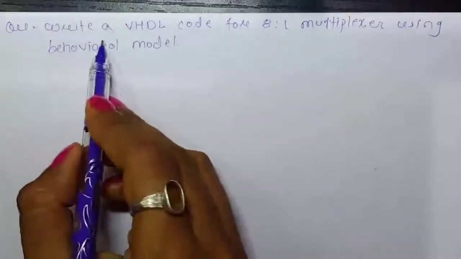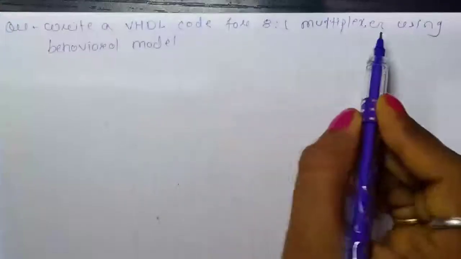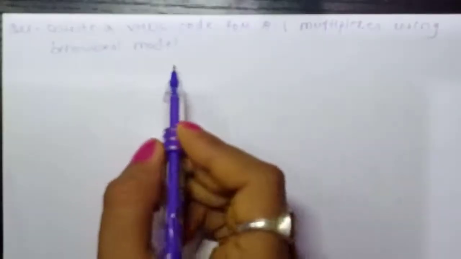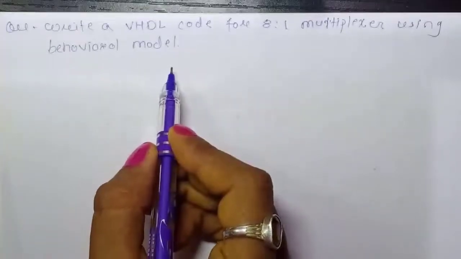Next we have to write a VHDL code for 8:1 multiplexer using behavioral model. Okay, so now it is 8:1 multiplexer.